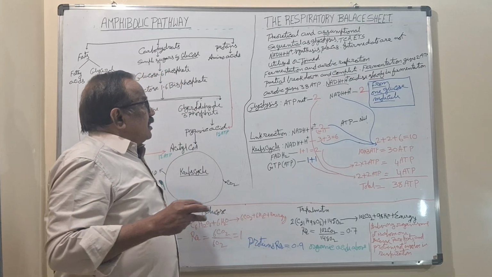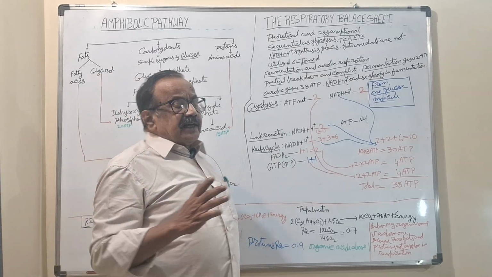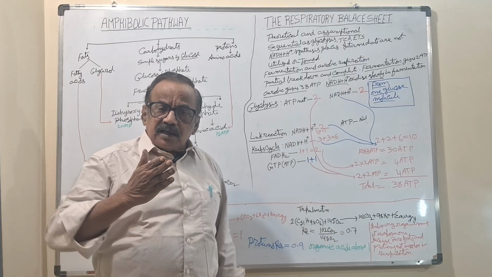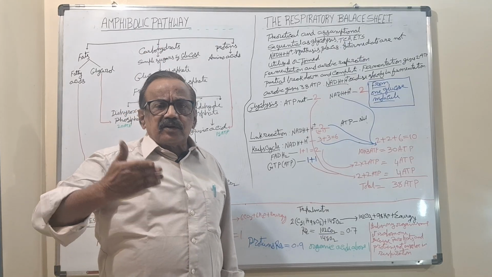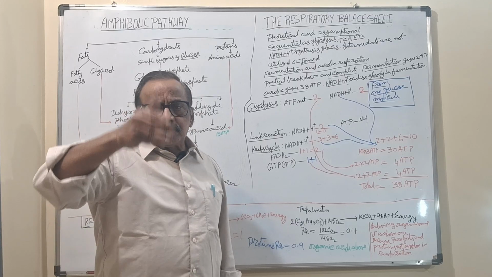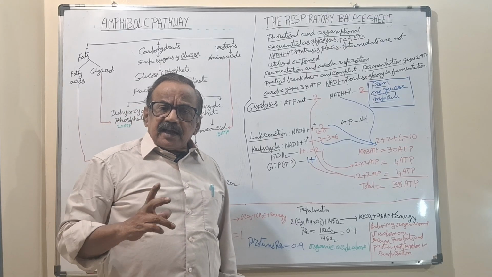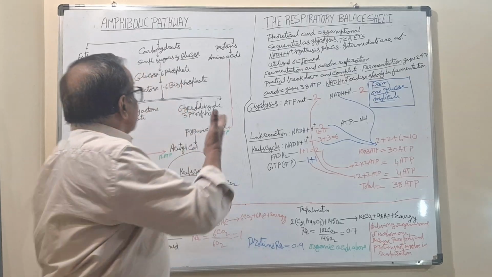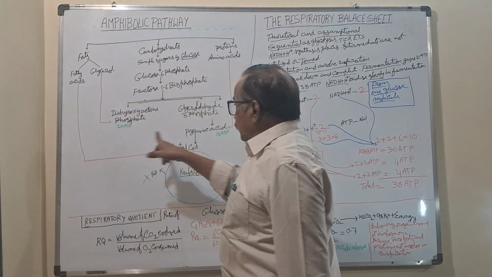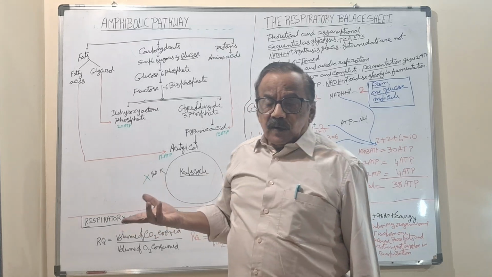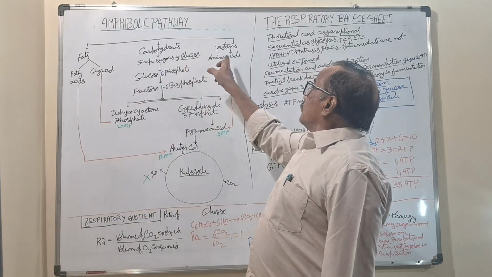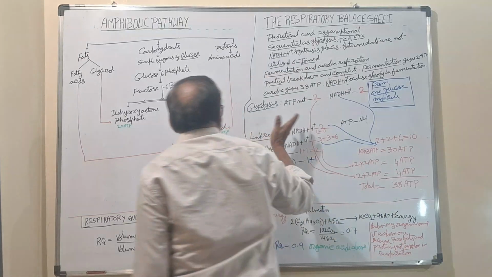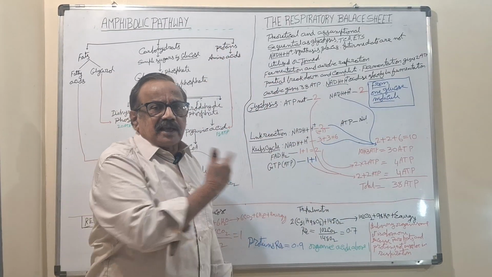Next, the intermediates, nearly 20 to 25 intermediate products, may be converted into proteins or fats through the amphibolic pathway, or fats and proteins may be broken down and enter this cycle.